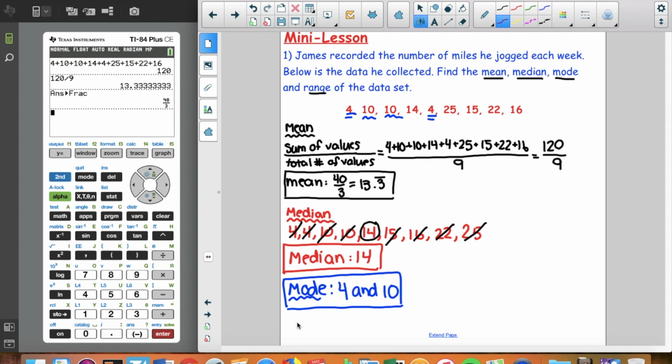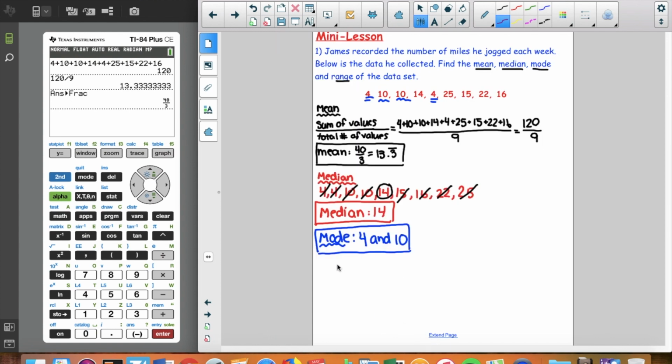And lastly, let's find our range. Extend the page even more. So for the range, to find the range, you have to take the biggest number and subtract the smallest number from it. So looking at our data set here, our biggest number is 25.